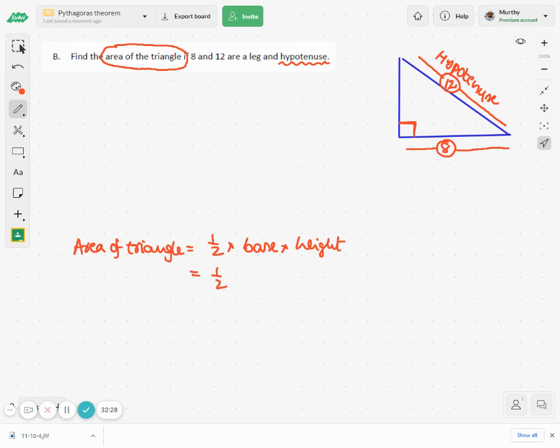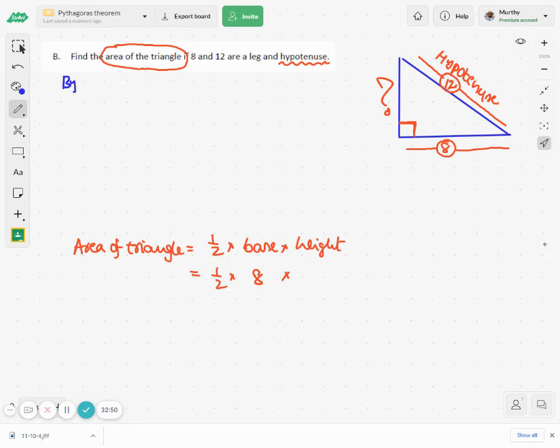So half times, do you know what is the base? Yes, I know, it is 8. And what is the height? Oh, height is not known. So using Pythagoras theorem, you have to find what is the height of that. Okay, this is a right triangle.